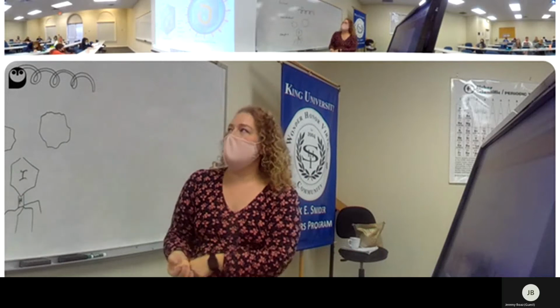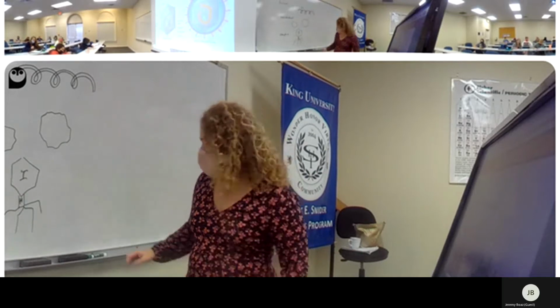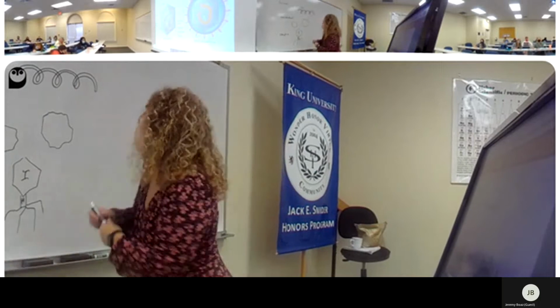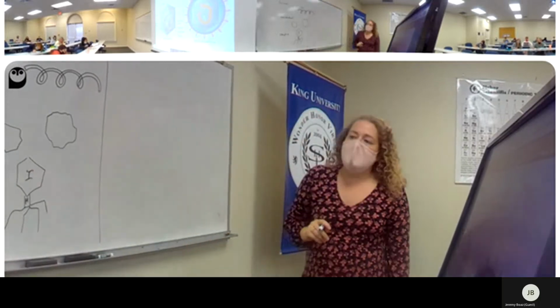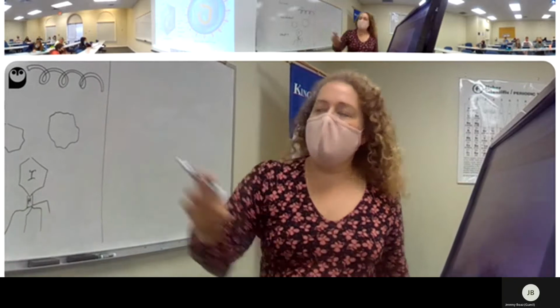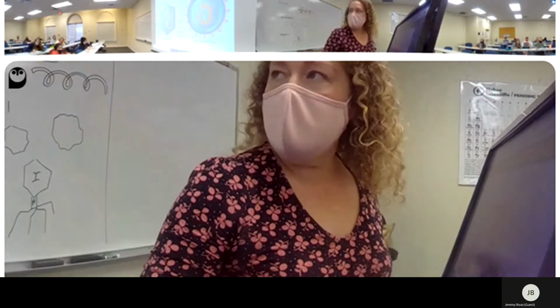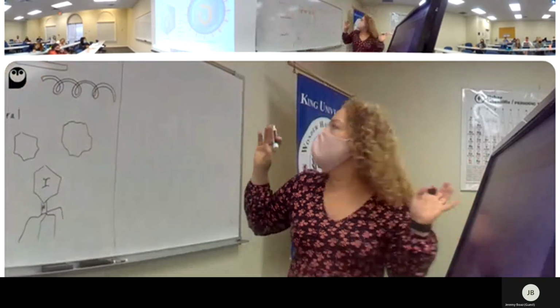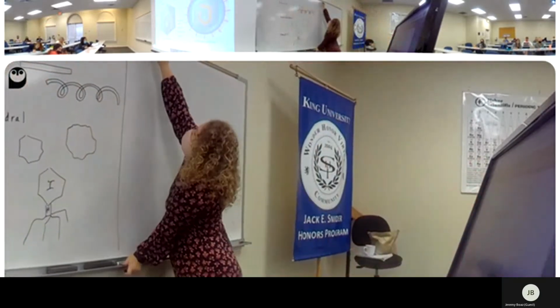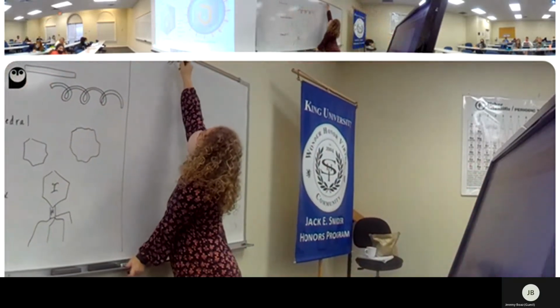What are viruses made out of? So I'm going to draw this a little bit separate. I'm going to come back to that picture in just a minute. Okay. So viral structures. Call this viral structures.